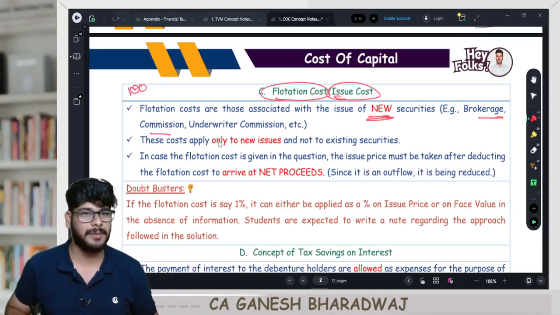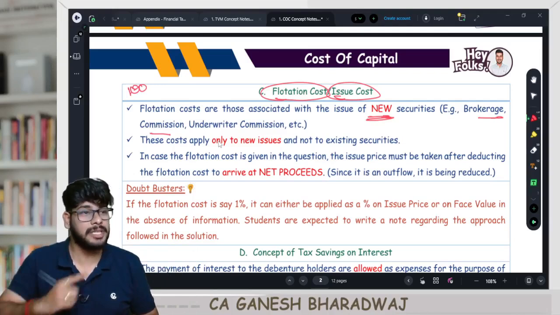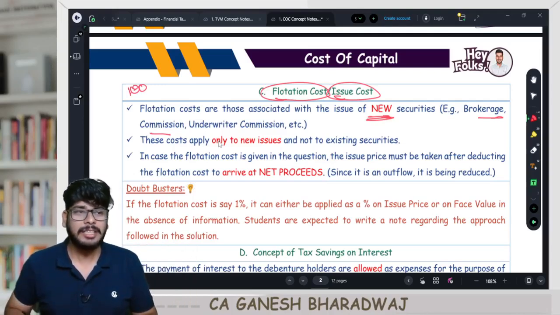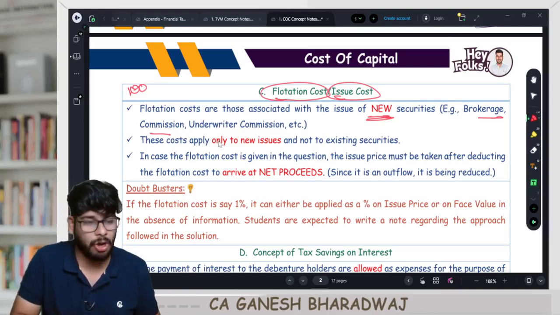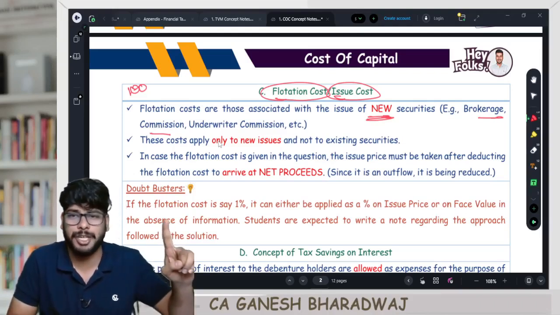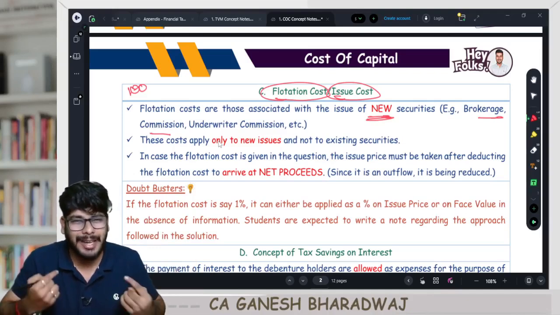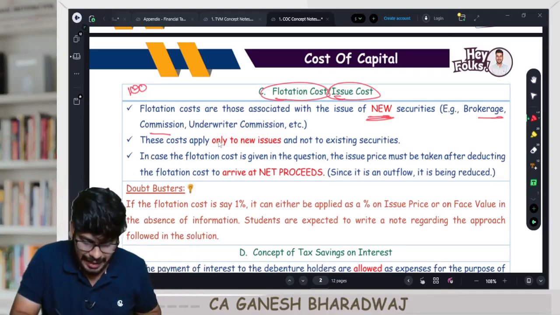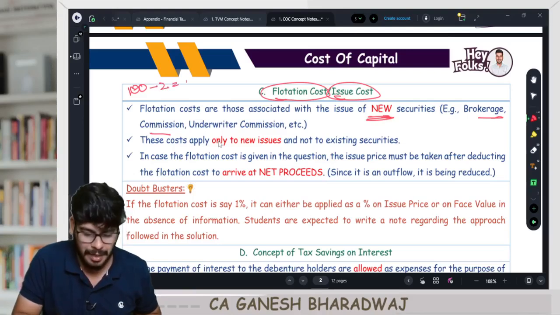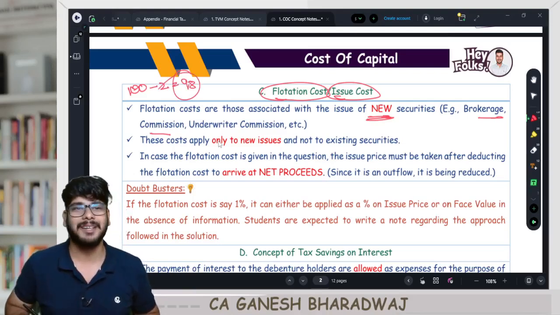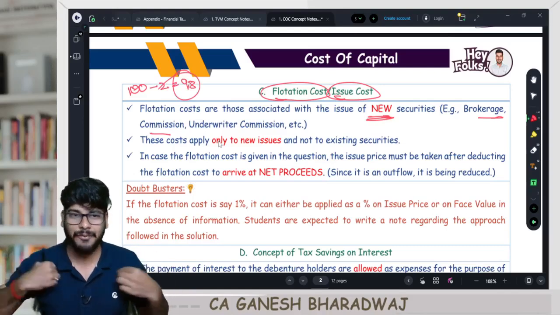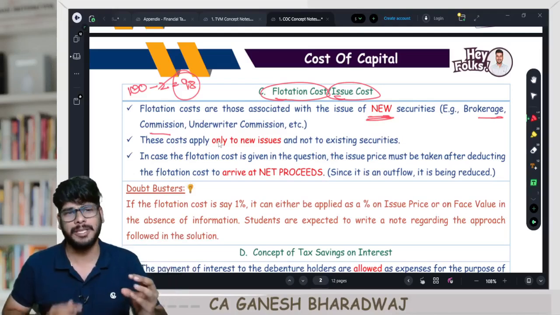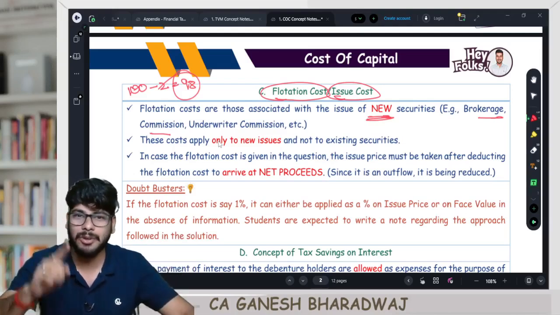The investor will pay the company 100 rupees, but let us say the company has a flotation cost of 2 rupees for every equity share issued. So though the investor pays 100 rupees, the company will receive 100 minus 2, 98 rupees only. So the net cash inflow at T0, that is today, will be the issue price minus flotation cost. Are you clear with this?